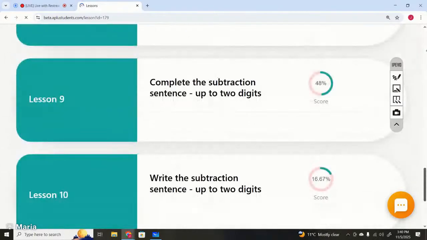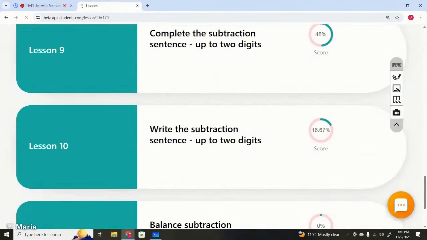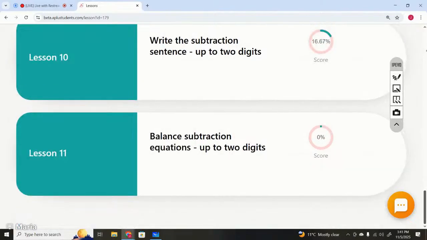The lessons we have covered today are complete the subtraction sentence up to 2 digits, write the subtraction sentence up to 2 digits, and balance subtraction equations up to 2 digits.